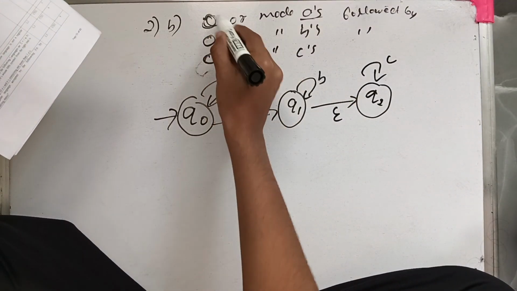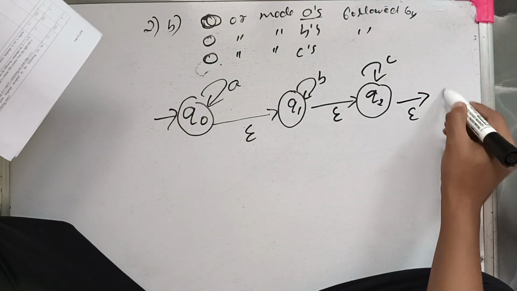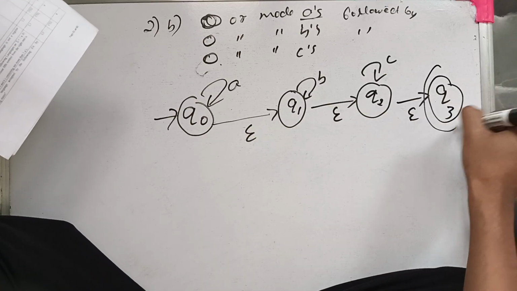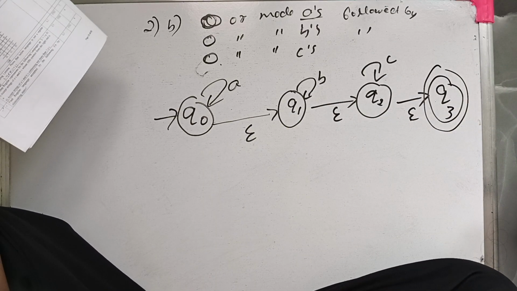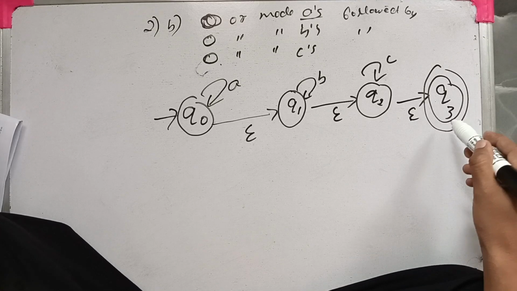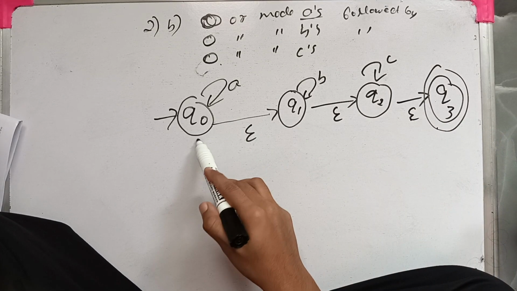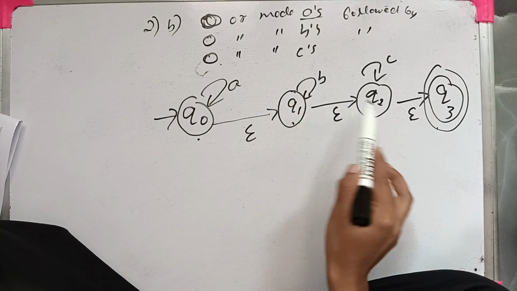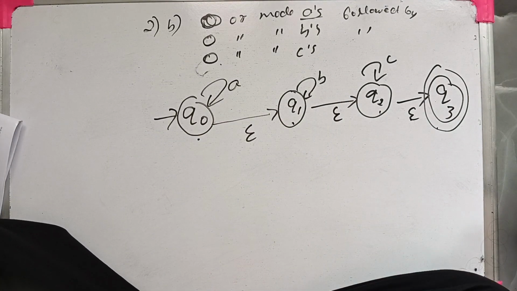And this zero I am writing in the final state. Okay, epsilon, zero or more, is Q3, this is the final state. Here Q3 is an accepting state and Q0 is to accept zero or more A's. Next this is for zero or more B's and this is for zero or more C's.